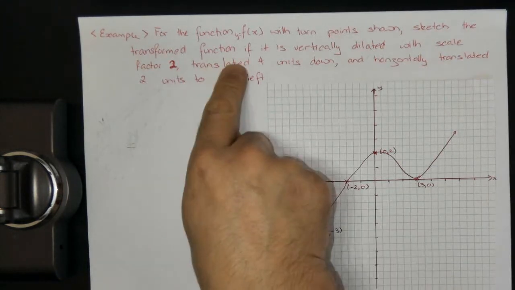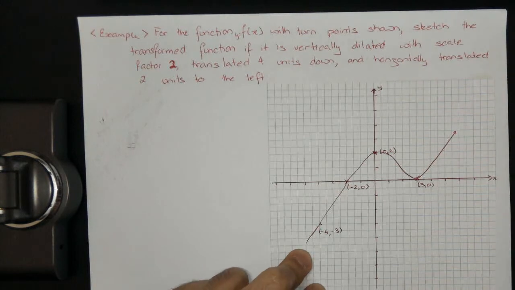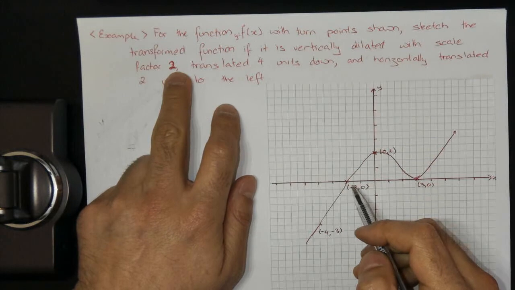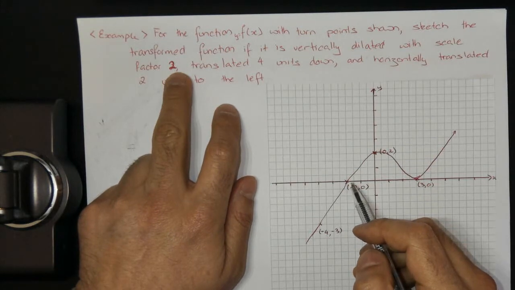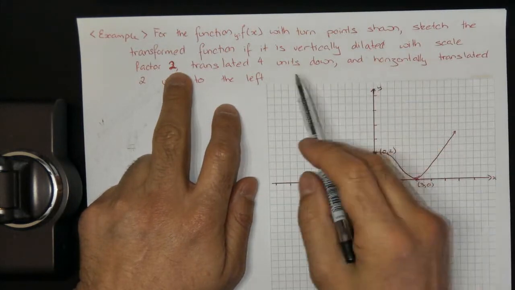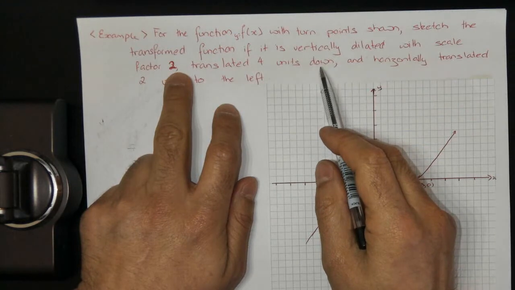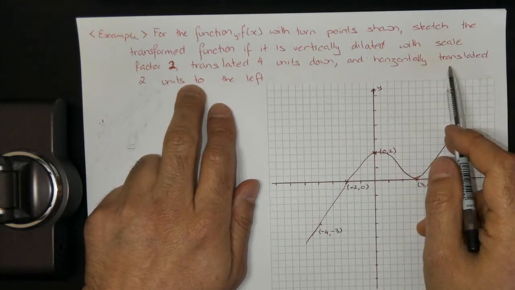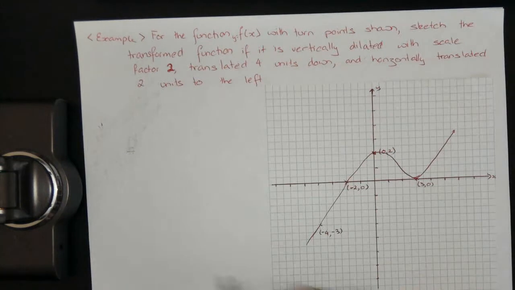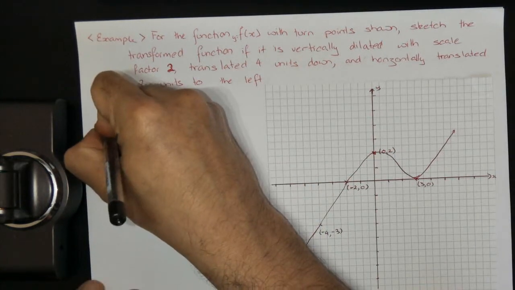We want to sketch the transformed function if it's vertically dilated with a scale factor of 2, translated down by 4, so we get a vertical translation as well, and then horizontally translated 2 units to the left. Okay, so we're always going to do the dilations first.